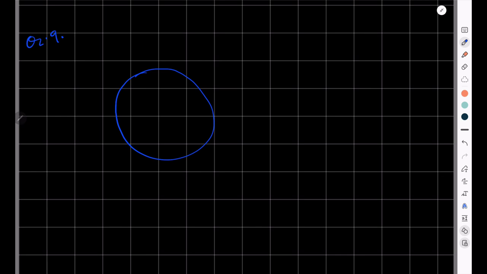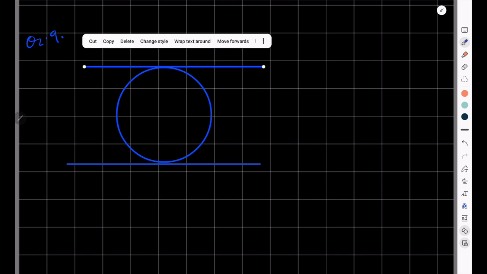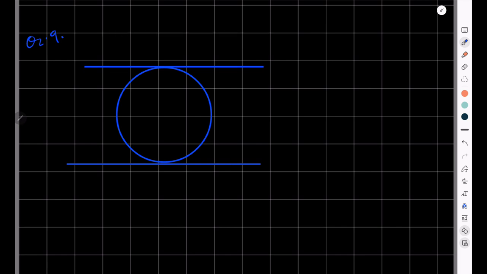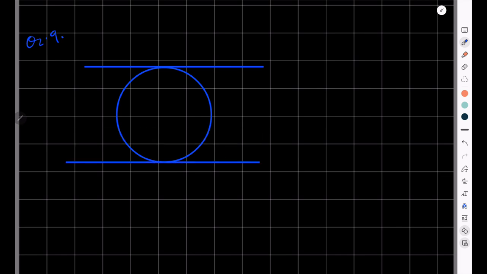So this is a circle, and then these are the two tangents. Let us make it like tangent. Now this looks like a tangent. Yeah, this also looks like a tangent.